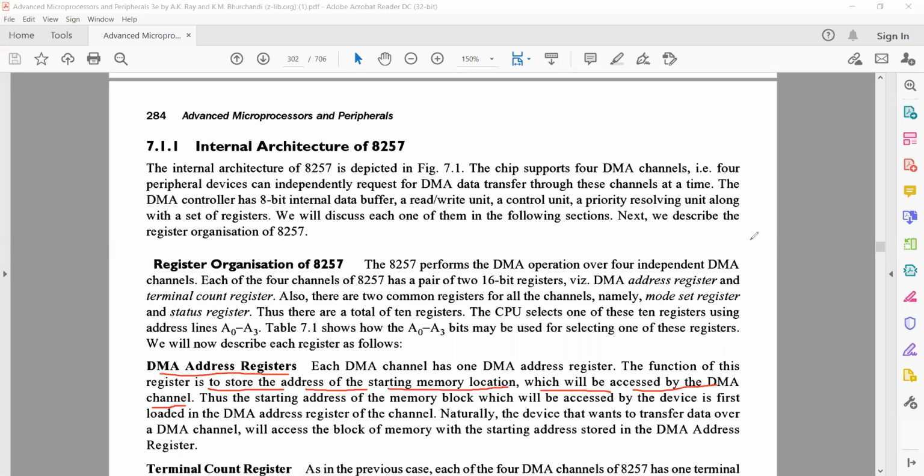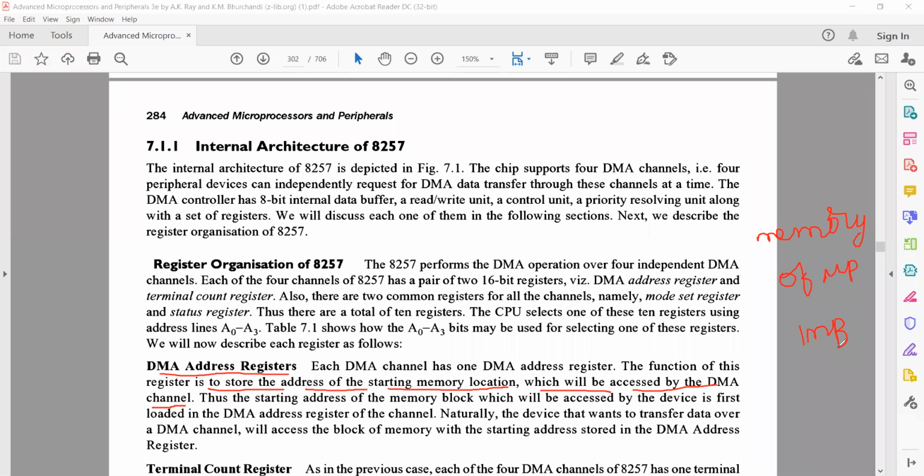What is the purpose of this DMA controller? It actually writes directly into the memory of the microprocessor, and the memory of the microprocessor will contain 1 MB memory locations, right? That is the known factor.